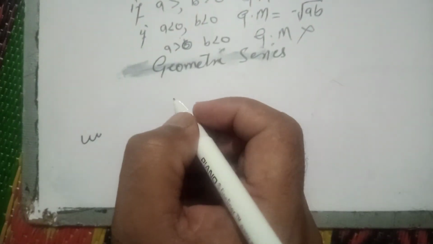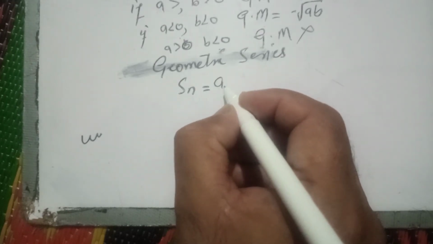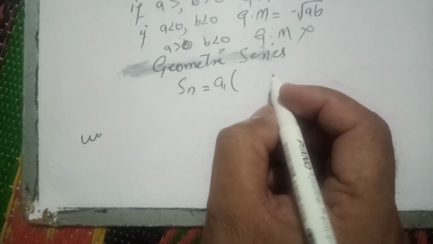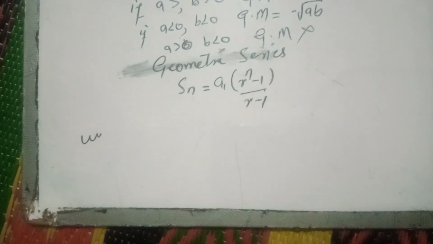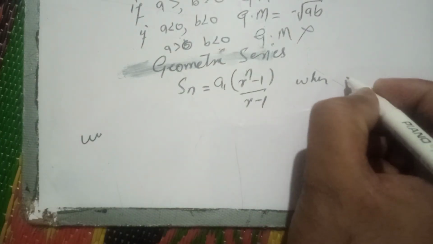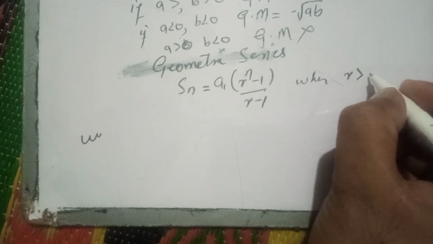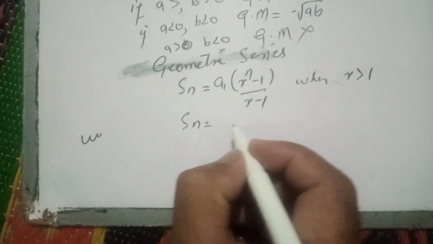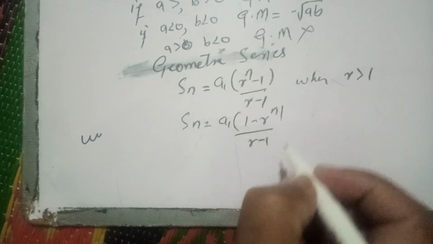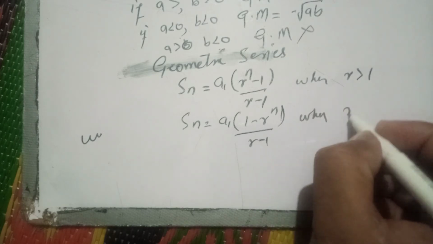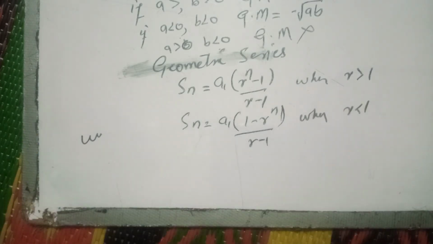The sum of geometric terms Sn is equal to a1 into (r power n minus 1) divided by (r minus 1) when r is greater than 1, and Sn is equal to a1 into (1 minus r power n) divided by (1 minus r) when r is less than 1.